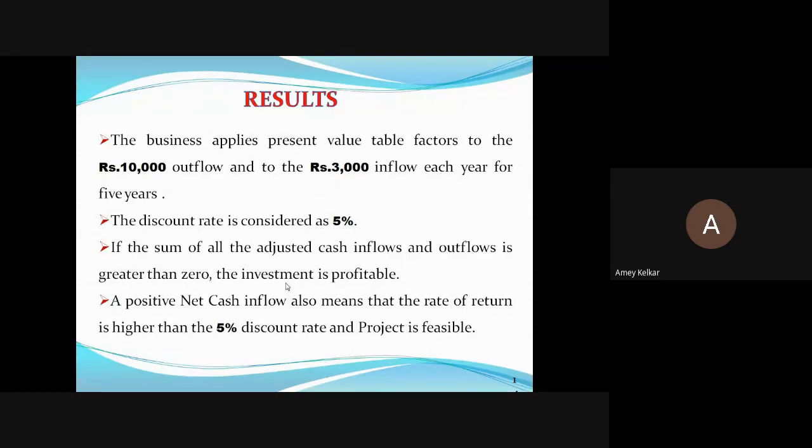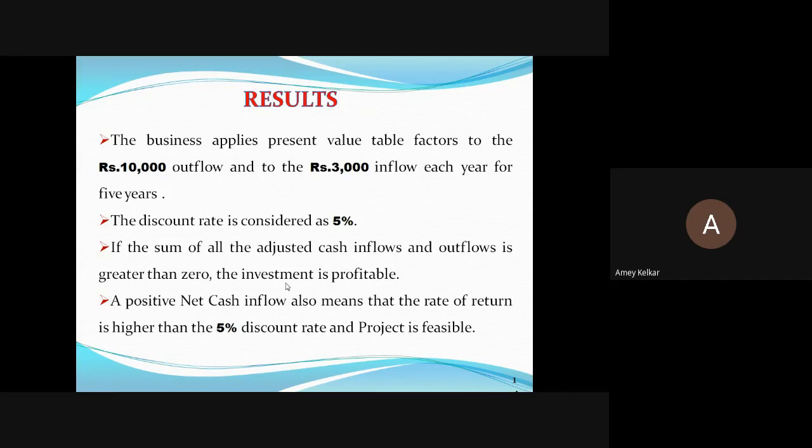The discount rate is considered as 5%. Now, further doing this calculation, if the net value is greater than 0, the investment is profitable. Or if you get a positive value in the net cash inflow, it is a good deal, or you can say that you are gaining more than 5%.